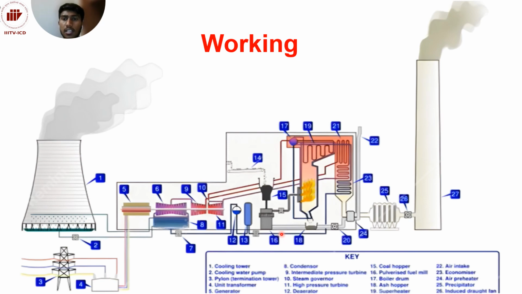So finally, in the case of the generator, as electricity is produced, it is stored in the powerhouse. This powerhouse will be supplying the electrical energy for the necessary uses.